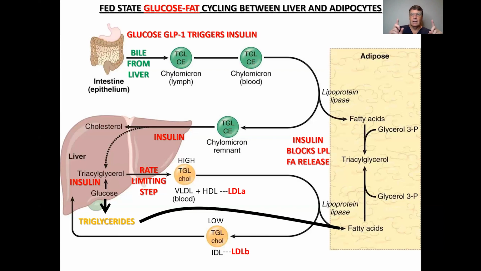And in fact, and here's an important step to remember for the next section, the rate-limiting step in the liver, the rate-limiting step of de novo lipogenesis, of turning sugar into fat, is not the production of the fat, but it is the packaging and the transport of that fat in the liver cell to the bloodstream. That's where the backup is.